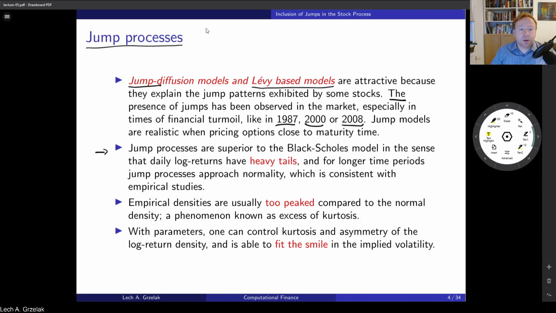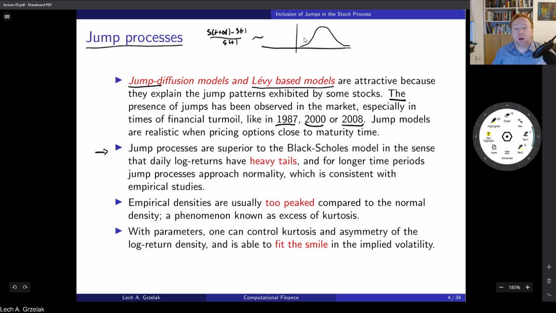As you may remember, when we talk about log returns or returns of a stock, we would consider the quantity S_{t+Δt} minus S_t, divided by S_t. In the case of Black-Scholes, we would expect bell-shaped returns.